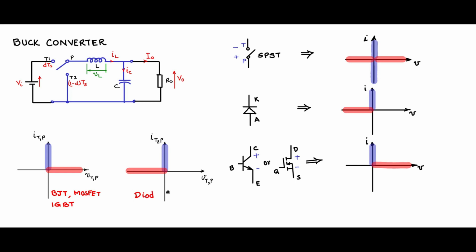So therefore we can say diode is the best suited for T2P. So we can place a diode somewhere like this here, and we can place a BJT or a MOSFET or an IGBT in the T1P place, and these two together will form the single pole double throw switch, the equivalent function.